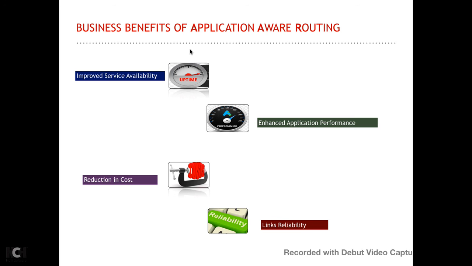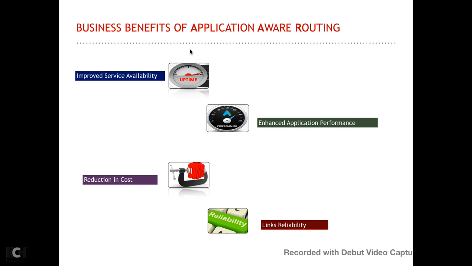which helps achieve service availability of the application and makes users happy, because performance is rated high and users get high value when accessing the application. The link reliability also automatically comes into the picture because of this intelligent algorithm, or intelligent routing and data capture, and based on that the decisions are made.